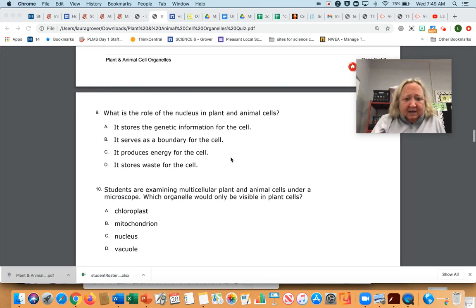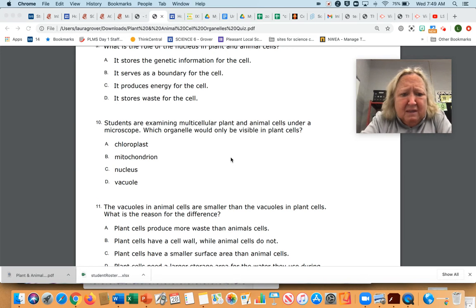All right, a couple more. In this question, students are examining multicellular eukaryotes, plant and animal cells, under a microscope. Which organelle would only be visible in plant cells? This one discouraged me a little bit, because we've talked about this a lot.